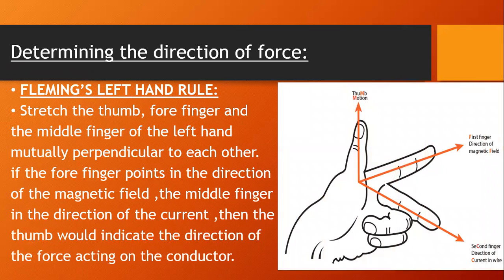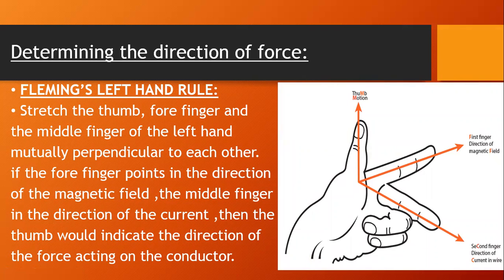According to this figure, if you place the thumb, forefinger and middle finger, this is the thumb, it indicates the direction of force. This is the forefinger, it indicates the direction of the magnetic field from north to south, and the middle finger indicates the direction of current in the wire.